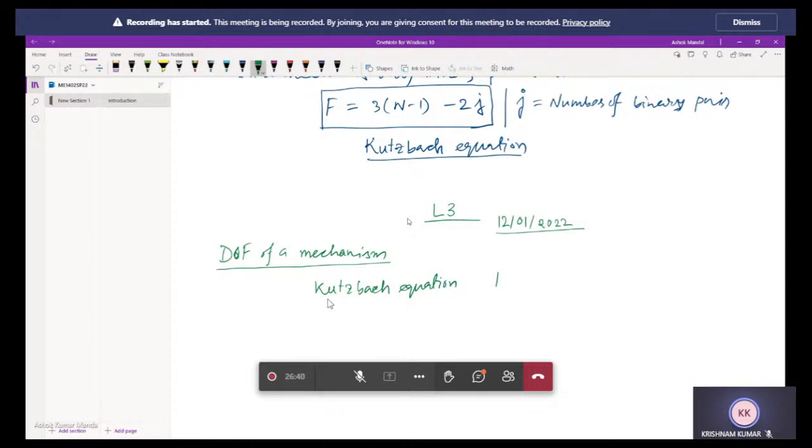The Kutzbach equation says the degree of freedom of a mechanism is 3 into n minus 1 minus 2j, where n is the number of links and j is the number of simple joints.